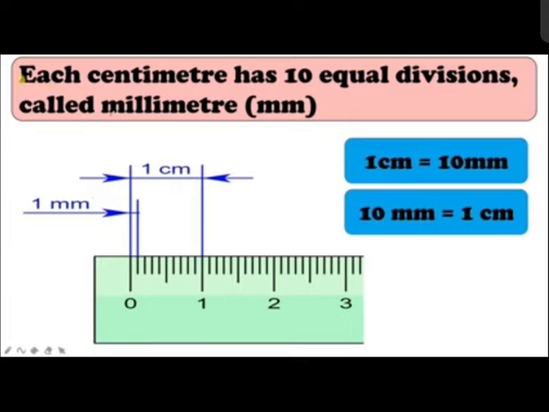Every scale is marked in centimeters and millimeters, and 1 centimeter is equal to 10 millimeter and 10 millimeter is equal to 1 centimeter. And we all know that 1 meter is also equal to 100 centimeter. So from this point 0 till 1, this is 1 centimeter.